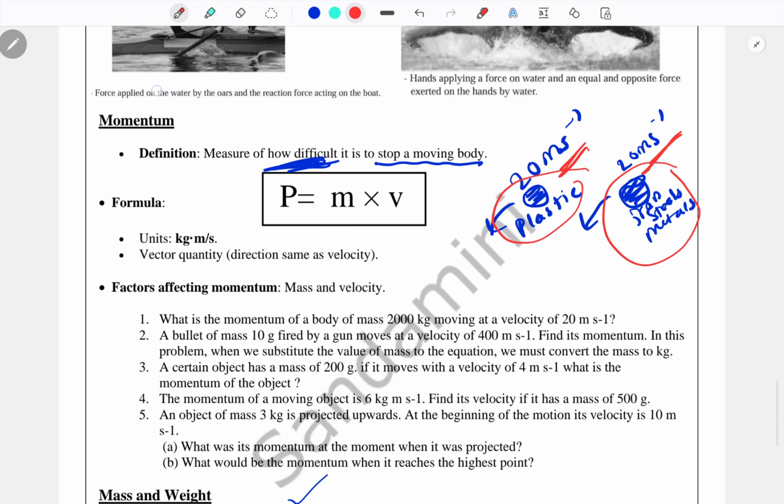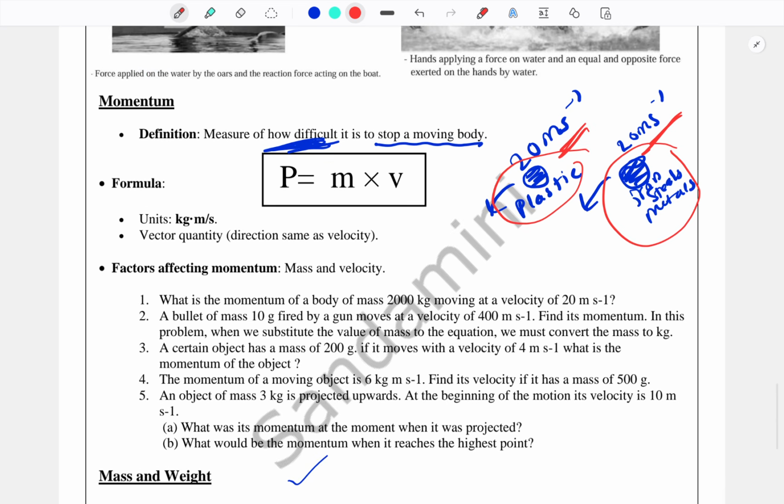Likewise, we can observe this kind of thing in daily life. Even if the velocity is similar, the mass is changing. Compared to the plastic one, the iron one has a much heavier mass, so it is so hard to stop.